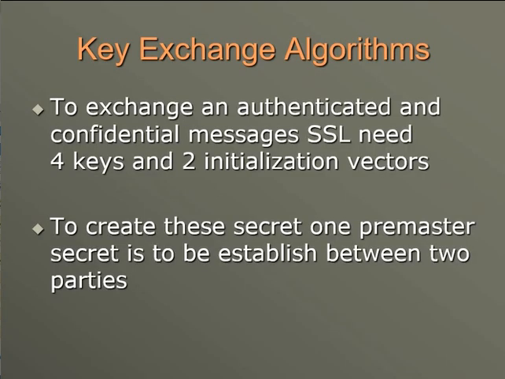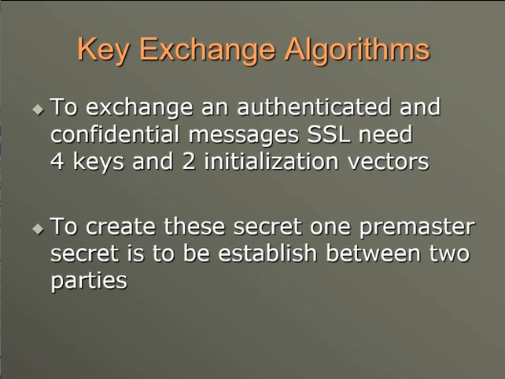As we have seen, SSL provides services like message authentication, data integrity, and confidentiality. To provide these services and to exchange authenticated and confidential messages, the client and the server need 6 cryptographic secrets. So 4 keys and 2 initialization vectors are required.